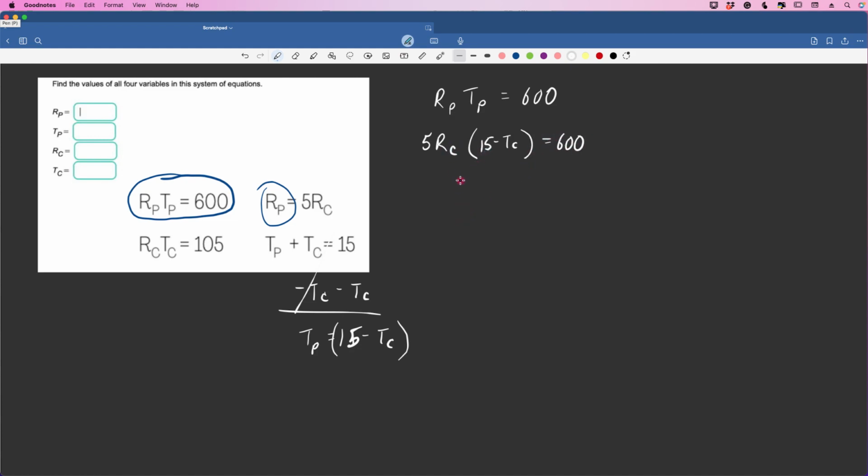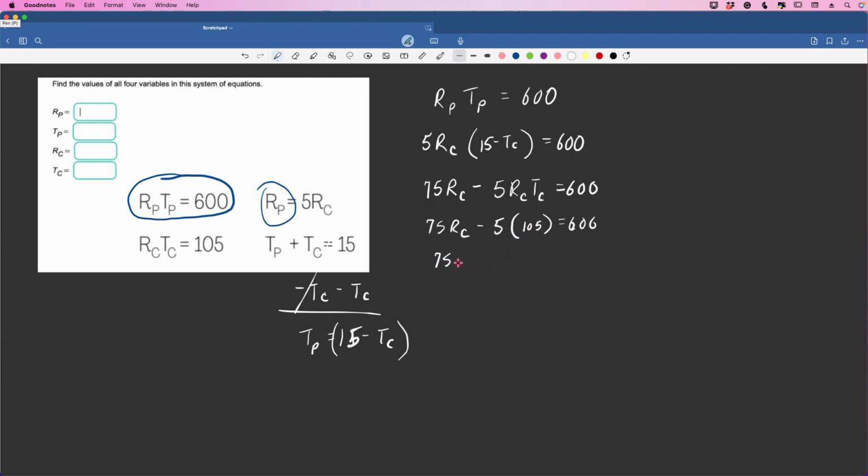Okay, so then I multiply 5 times 15, that's going to be 75, so 75 RC. And then 5 RC times TC, that's going to be minus 5 RC TC is equal to 600. Well, we know what RCTC is. It's 105. See that? So you've got that commonality there. So we're going to sub that in. So now we're just going to multiply this.